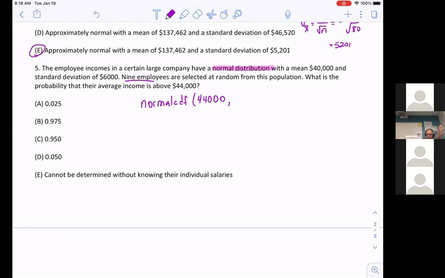So 44,000 is my left boundary, and 1E99 is going to be my right boundary. The mean income is 40,000. And this is where you have to remember we're talking about a sample of size 9. So I'm going to take my standard deviation, 6,000, and divide that by the square root of 9. This is what you have to remember: it is a sample. It forces my standard deviation to change.